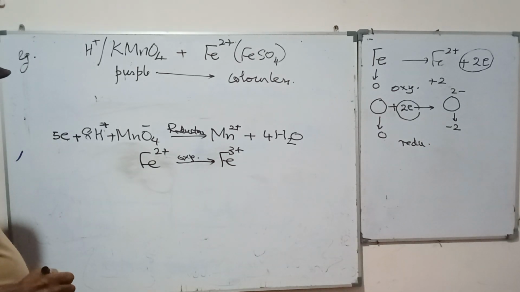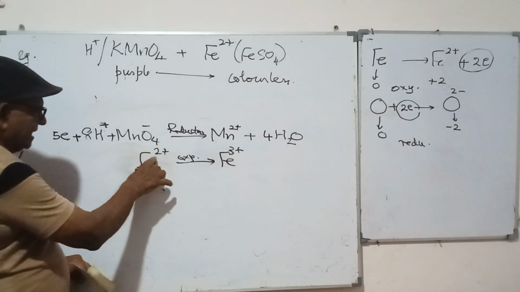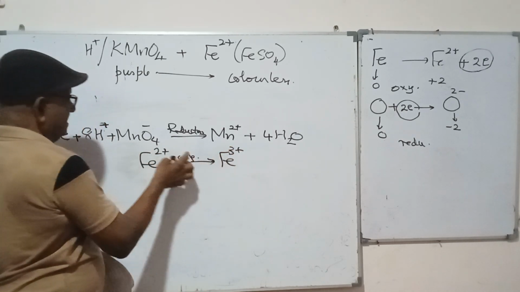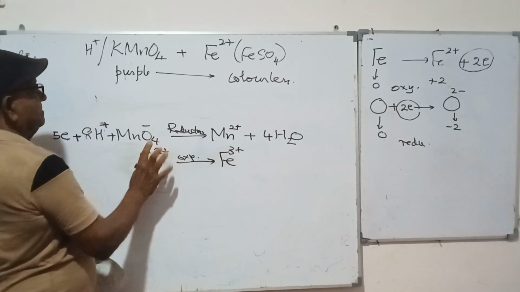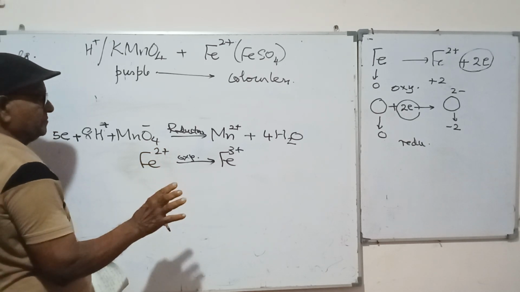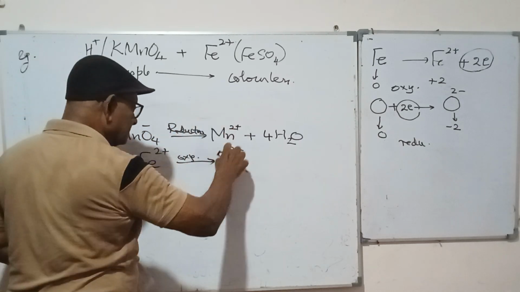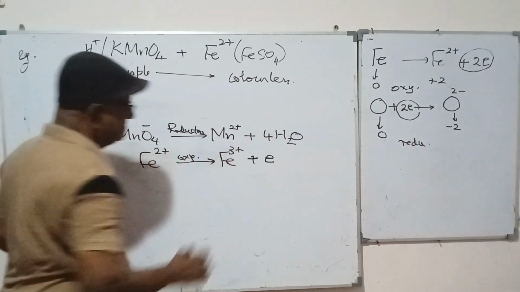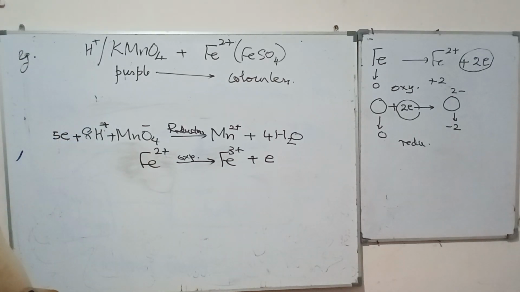How do we balance the equation? This side has plus 2, this side has plus 3. To be plus 3 on this side, we would have to add protons, which is unable. But we can balance by adding an electron. So this is the balanced half reaction for the oxidation.